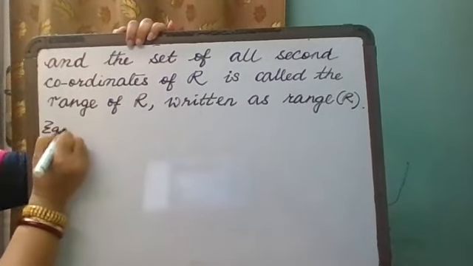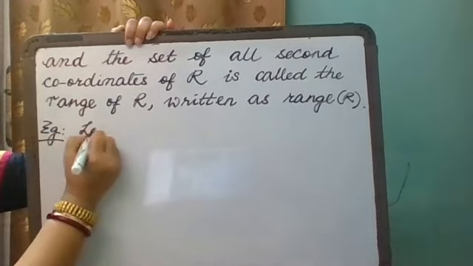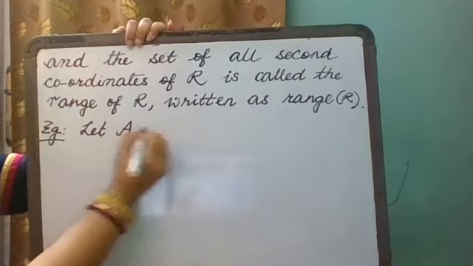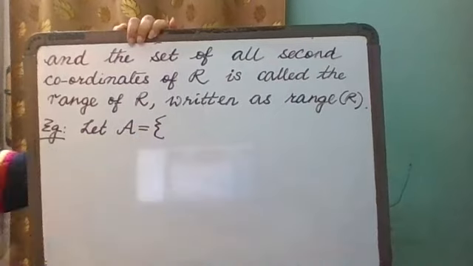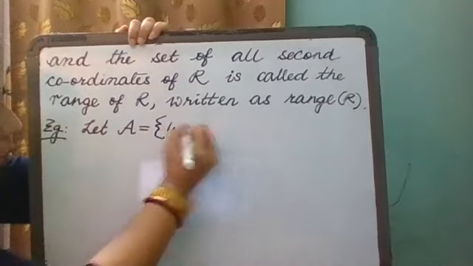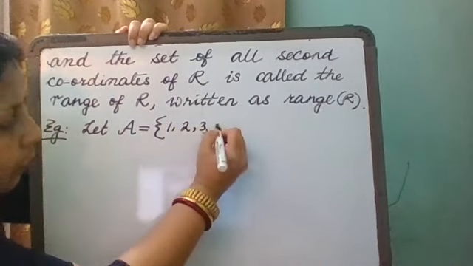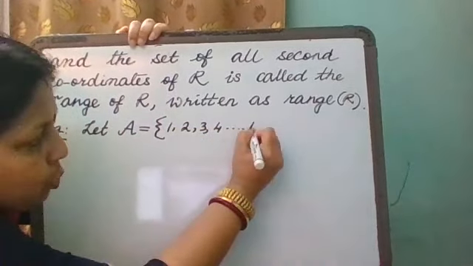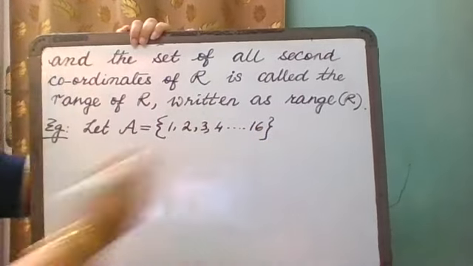Example. Let capital A equals curly bracket open, the set 1, 2, 3, 4, dot dot up to 16. No need to write all.